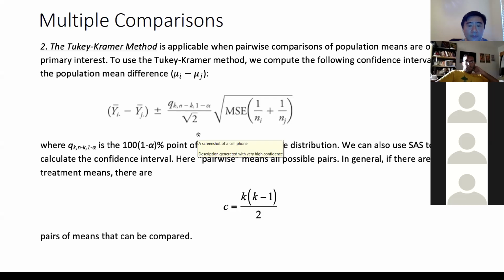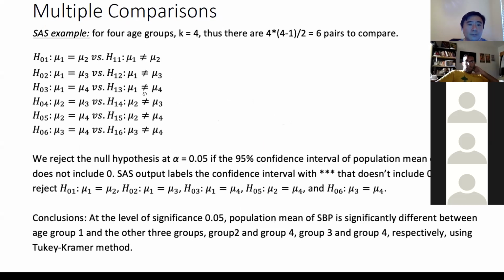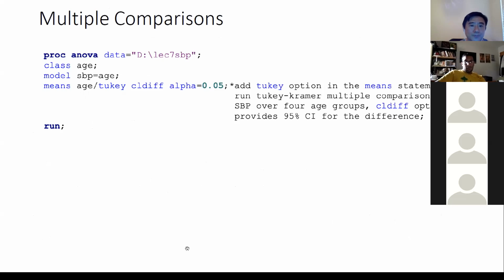So if you have 4 groups, 4 choose 2 is equal to 6, and you can write down all the pairwise comparisons: age group 1 and 2, 1 and 3, 1 and 4, 2 and 3, 2 and 4, and 3 and 4. So it's an exhaustive number. Then you do the tests simultaneously, and you see which hypotheses will be rejected and which will not be rejected in this group testing.